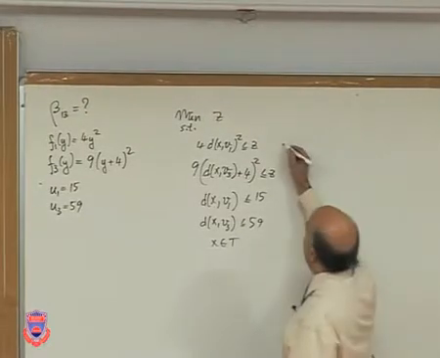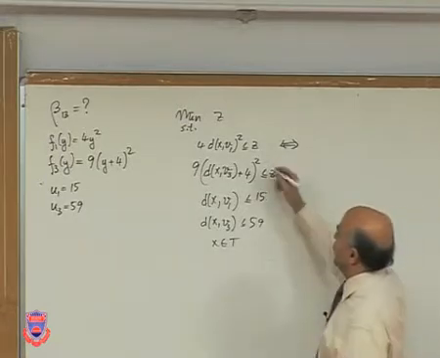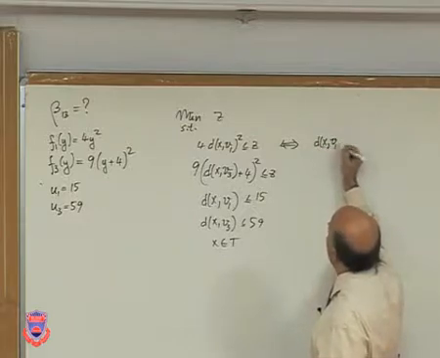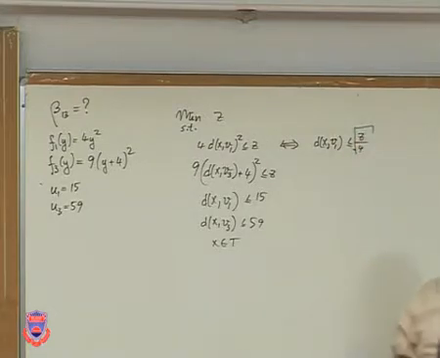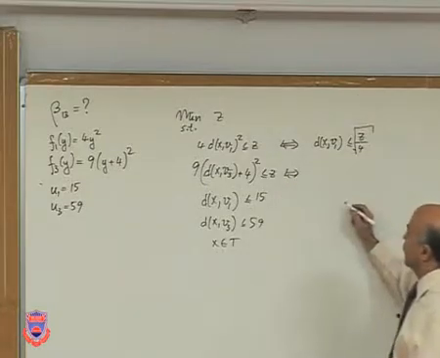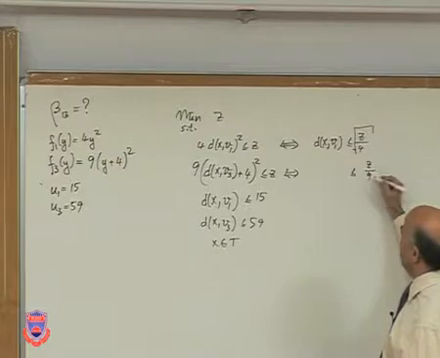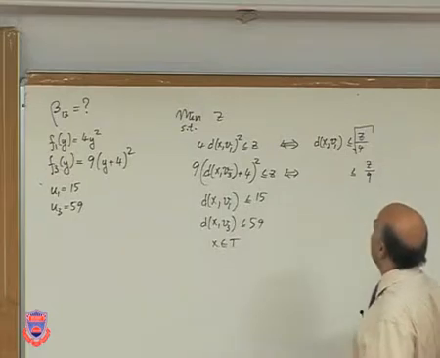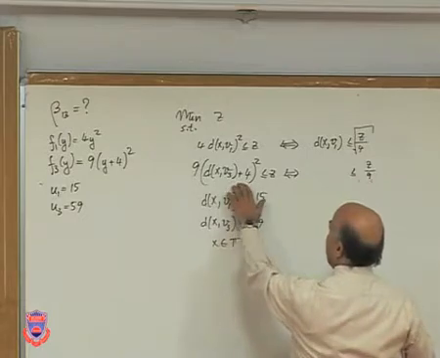Now, this one, if z is in the proper range, is equivalent to how much? Well, you just divide by 4 and then take the square root. So this is equivalent to that. This one is similar. You divide by 9. That leaves that. Now I've got the square here.